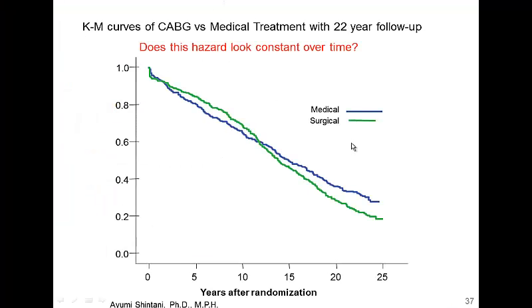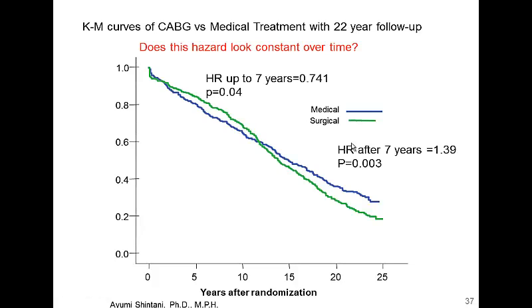If you put the hazard ratios in a table, you can present it this way. Before 7 years, the hazard ratio is 0.741, indicating CABG reduced risk of dying by 26% compared to medically treated patients, and the p-value is significant.